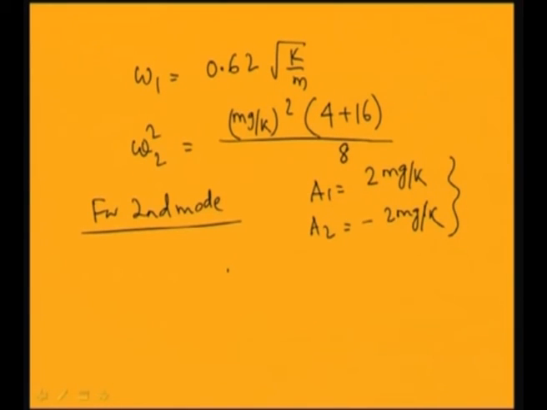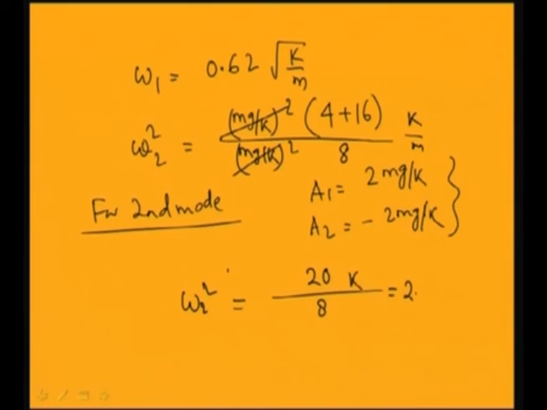So for the second mode you are getting omega 2 square. This is also (mg by k) whole square, so this cancels. So omega 2 square equals 20 by 8 k by m. 20 by 8 will give you 2.5, so this is equal to 2.5 k by m.